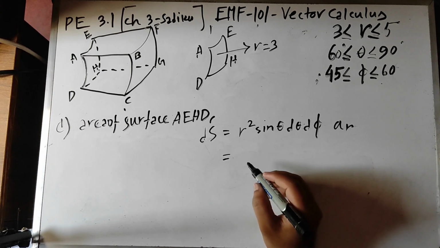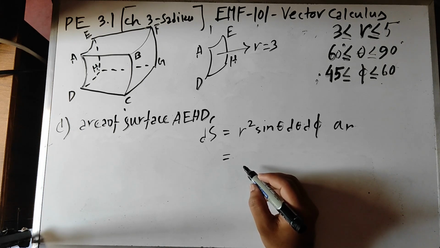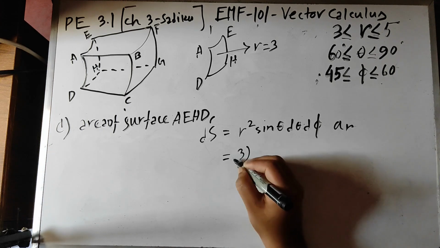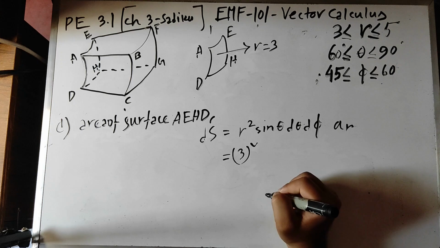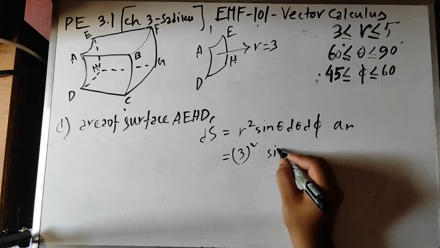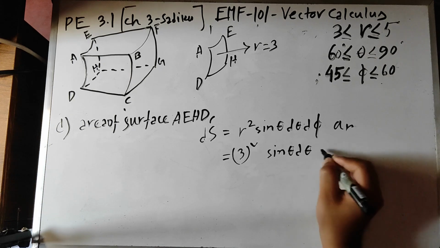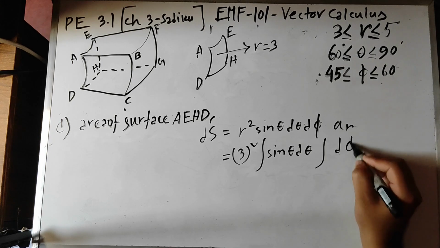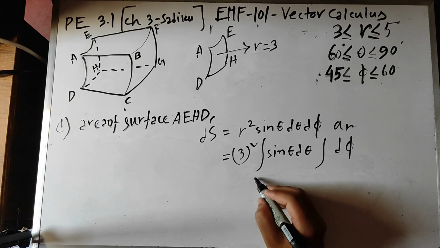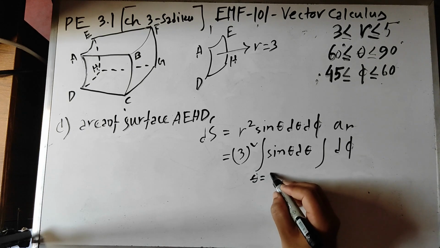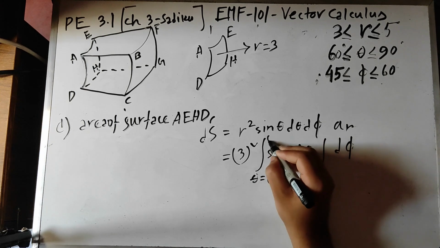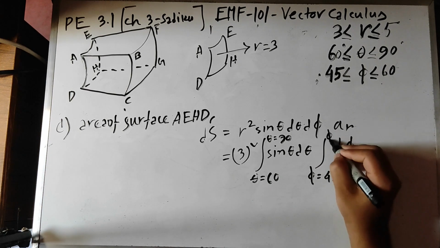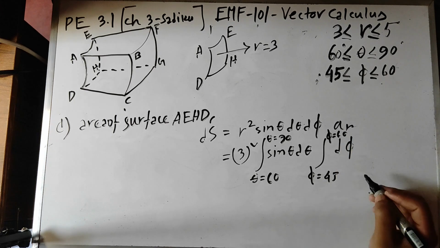Observe that r is constant, theta and phi are changing. So r is 3 squared and sine theta d theta, and d phi. Theta is changing from 60 to 90, phi is changing from 45 to phi equals 60 degrees.